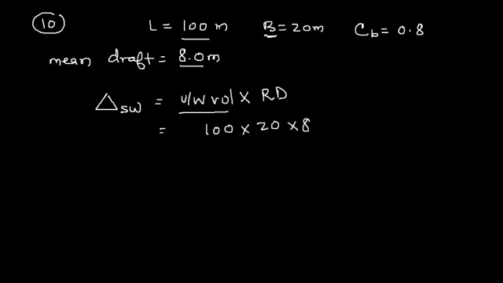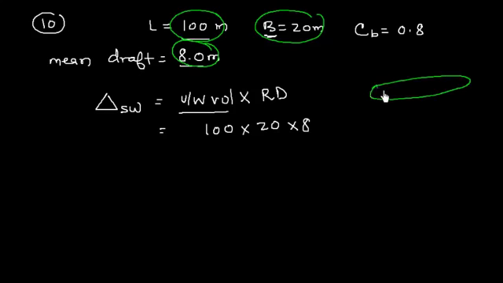This is the volume of a rectangular box. Suppose the vessel was like this and it was at this draft: this is length, this is breadth, and this is draft.